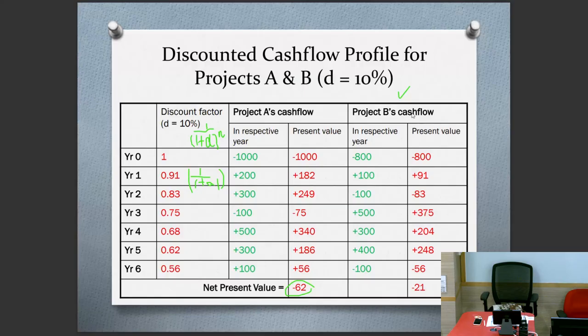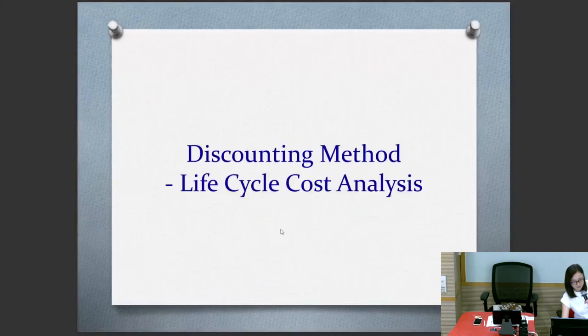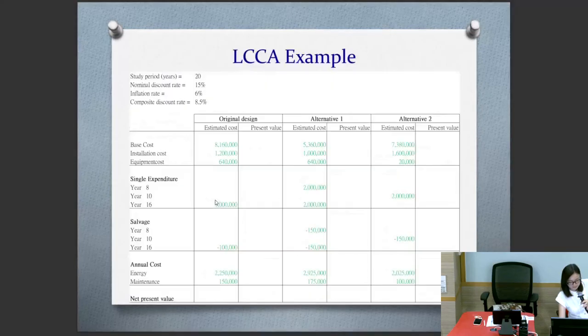Or maybe you have to pay to dispose the waste. So in the simple calculation of the net present value, we didn't take into account the disposal value or the cost, the saving after the study period. So we may use the approach of life cycle instead.